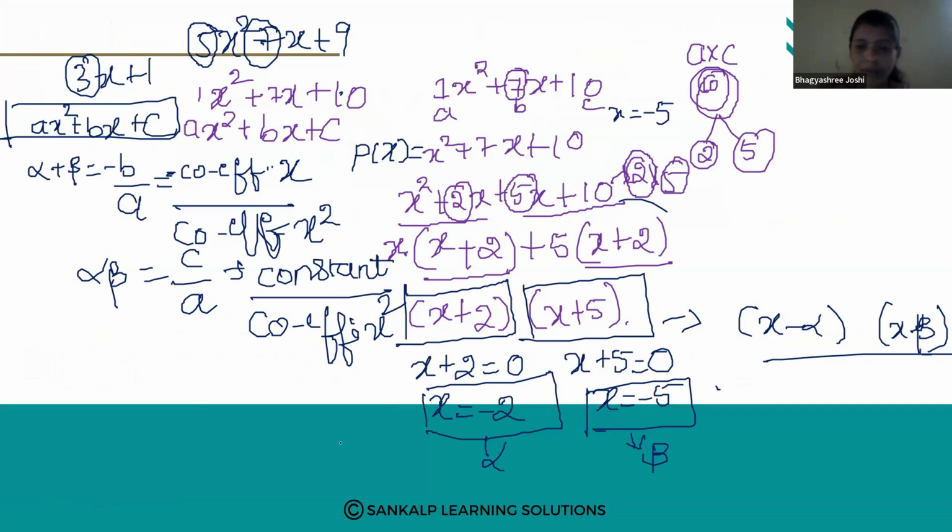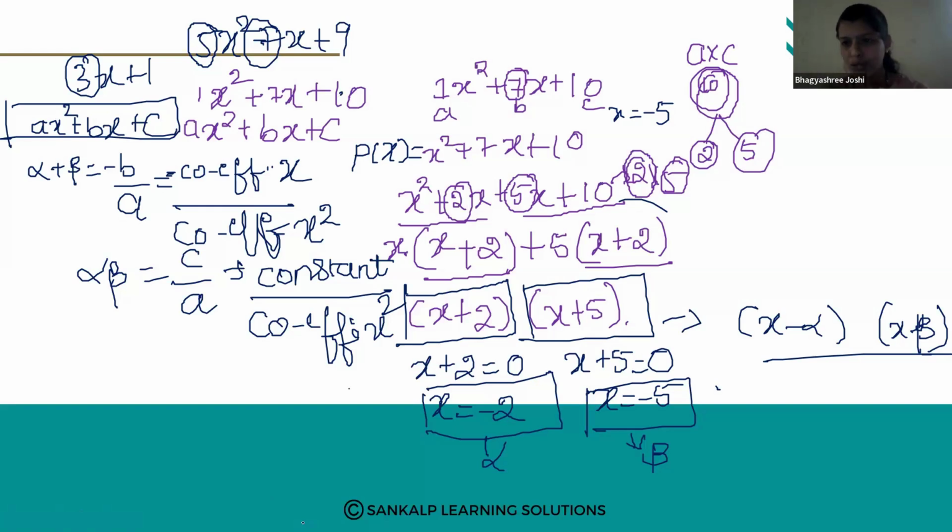See, first let us see how alpha plus beta is equal to minus b divided by a came. So we will see the derivation of alpha plus beta is equal to minus b by a. When we solve some examples, then you will come to know the calculation of alpha plus beta. So one thing to remember here: alpha and beta are two zeros.